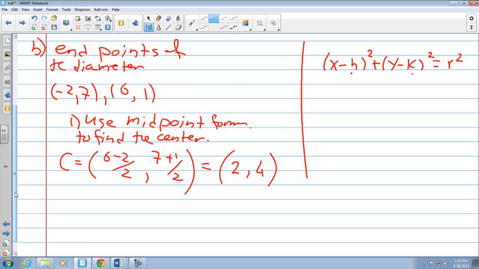So I'm just going to take 6. And I'm taking the second point because it's all positive. It's just easier on the eye. So it is 6 minus 1 squared plus, why did I say 1? I meant 2. 6 minus 2, because of the center, right? And then it is 1 minus 4 squared equals r squared.